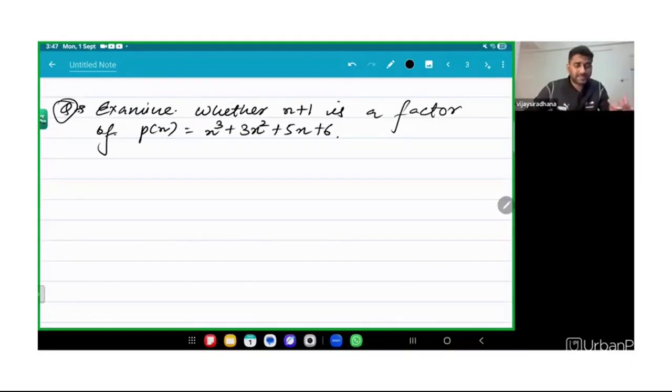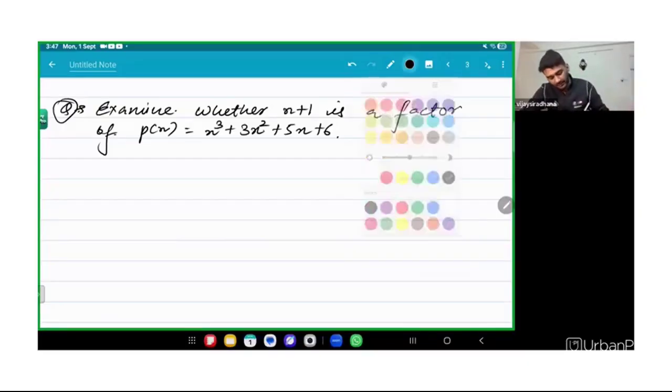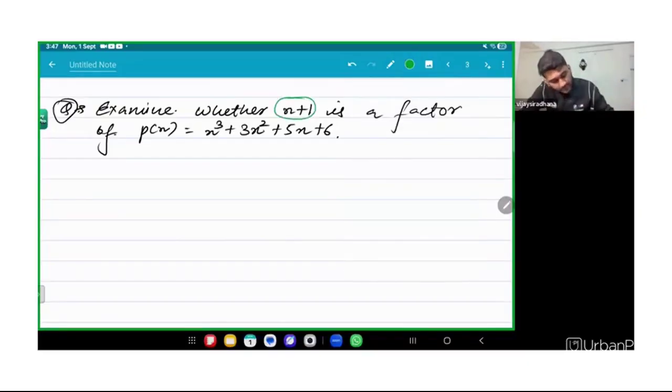Now for examining purpose, first of all, we need to solve x plus 1. Now if I'll take x plus 1 is equals to 0, so x is equals to minus 1.